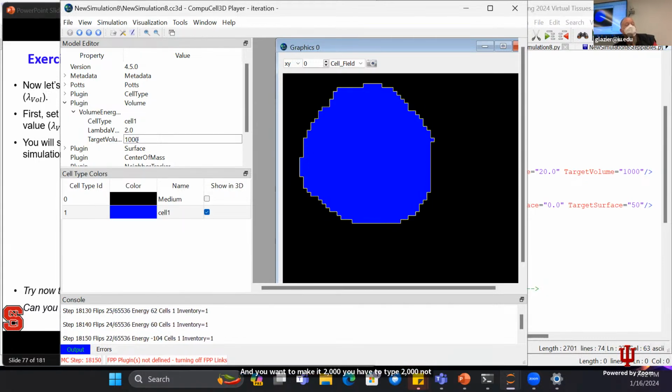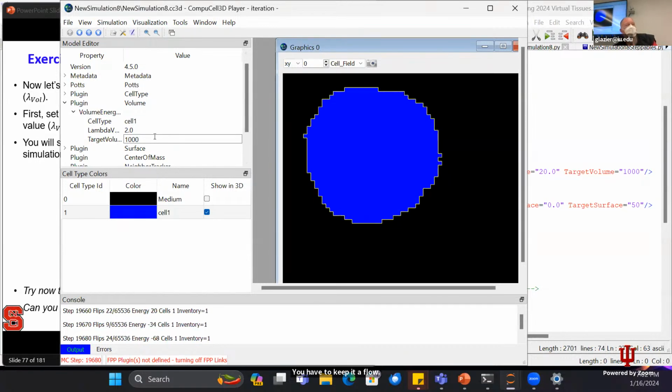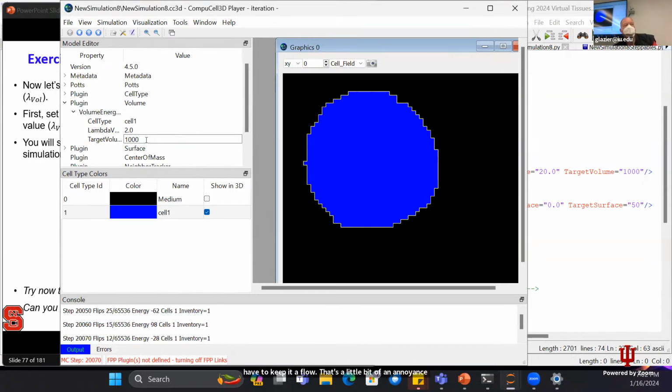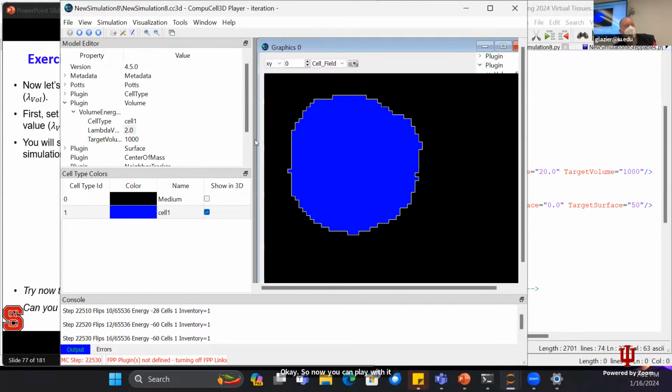So if it was an integer, you have to keep it an integer. If it was a float, you have to keep it a float. That's a little bit of an annoyance. For integers, it's usually not a problem, but it's easy to forget if lambda volume is a float that you have to type 2.0 because it was 2.0. Okay. So now you can play with it dynamically without having to stop it and rerun it.